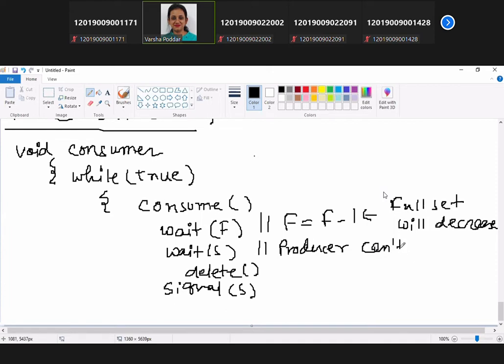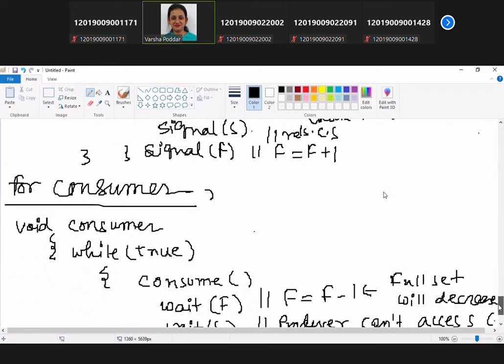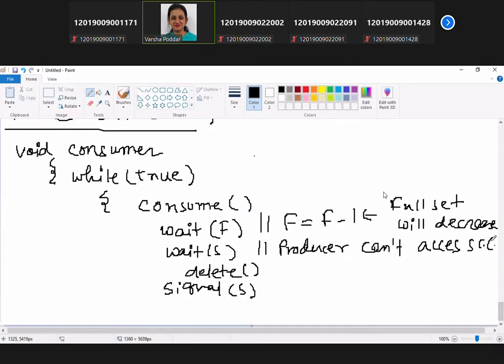When I am writing wait S in the consumer algorithm, that means the consumer is acquiring the semaphore, so the producer cannot access the critical section. Then I am deleting some value. Then I am releasing my critical section.